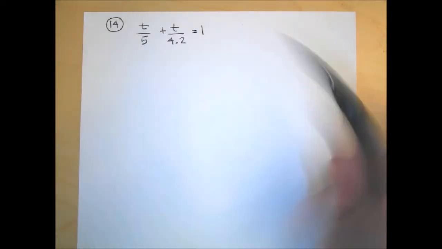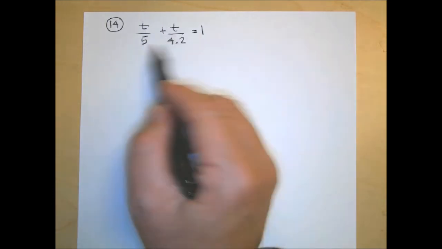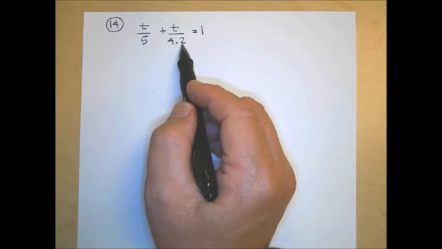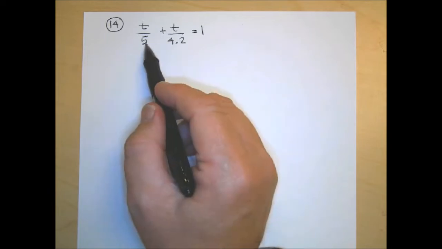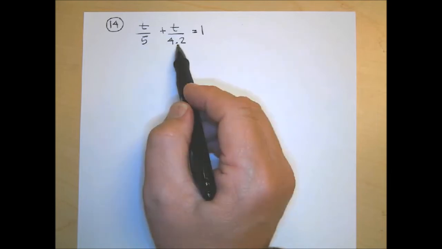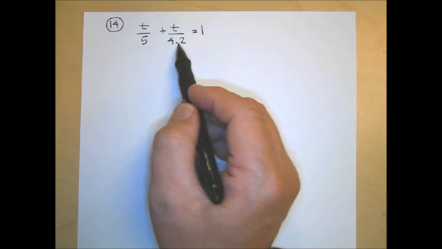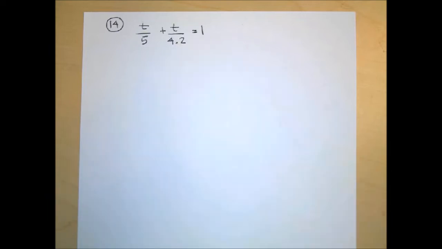So, at this point in time, we still have another equation where the fractions need to get eliminated. And it might not be the most obvious thing right here, but what number would clear the fractions? Well, all you got to do is figure out what is 5 times 4.2.